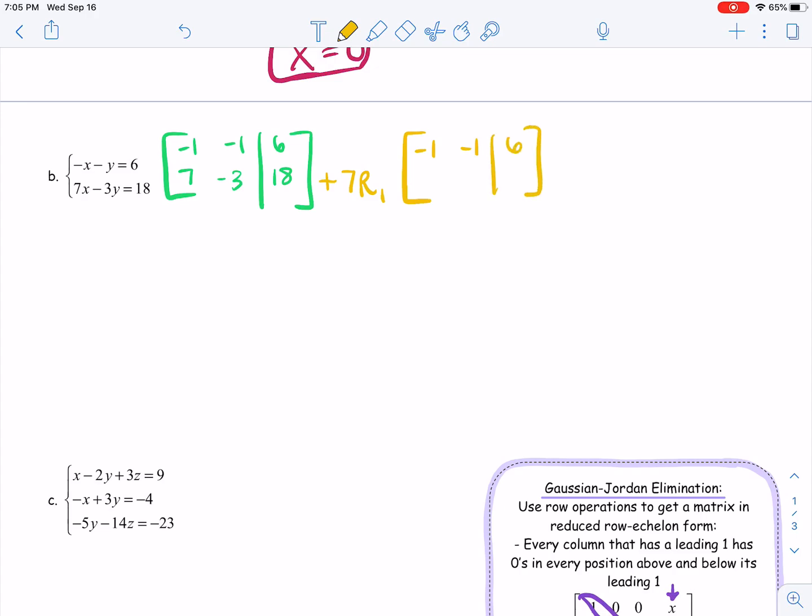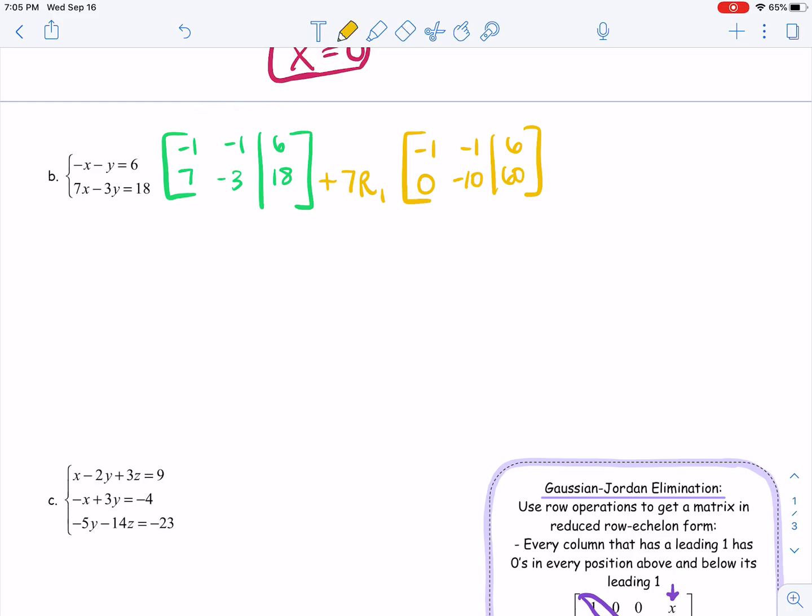But if I multiplied row 1 by 7, I would get -7, -7, and 42. If I add that to the second row, I get 0, because -7 plus 7 is 0. Then I get a -10, because -7 plus -3 is -10. And then I get 60, because 42 plus 18 is 60.